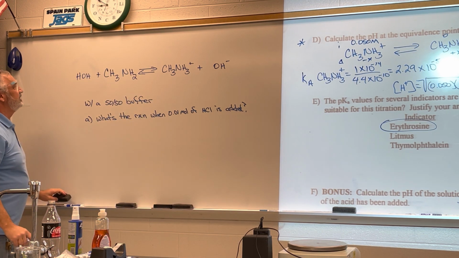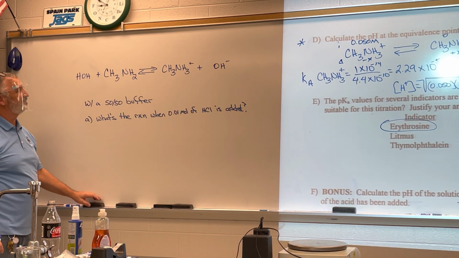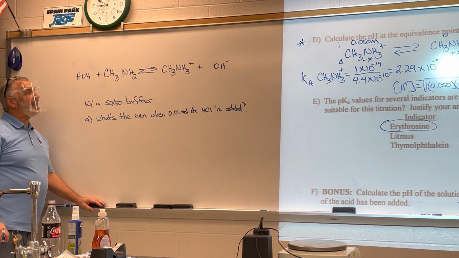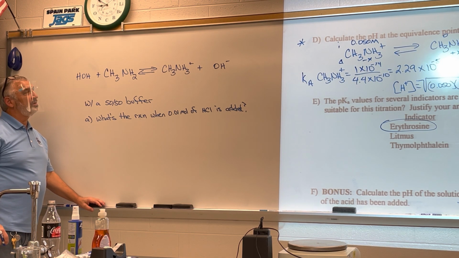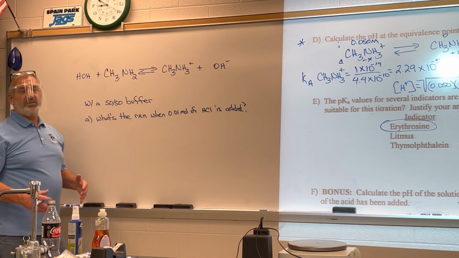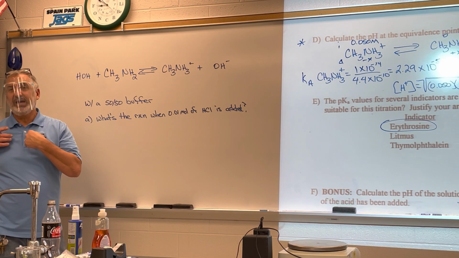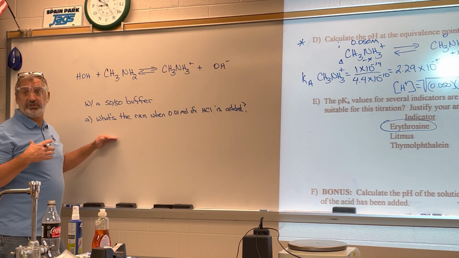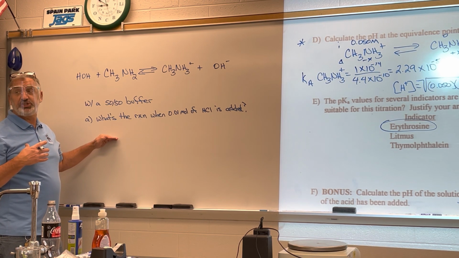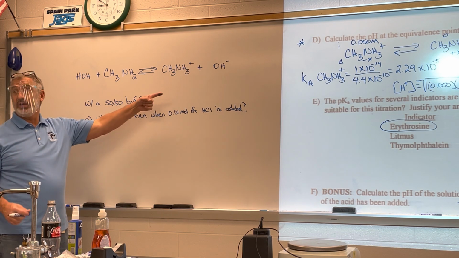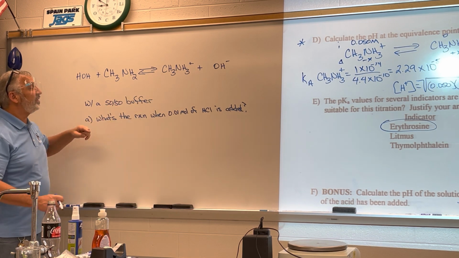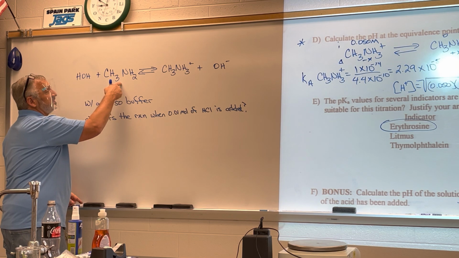Okay, so if I have this reaction, I add acid, what's it going to do? That's kind of the way I look at it, but to write a balanced equation, which way is the equilibrium going to shift? To the right, okay? So, is this the acid or the base?